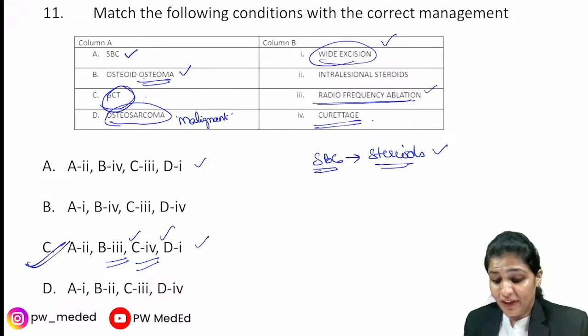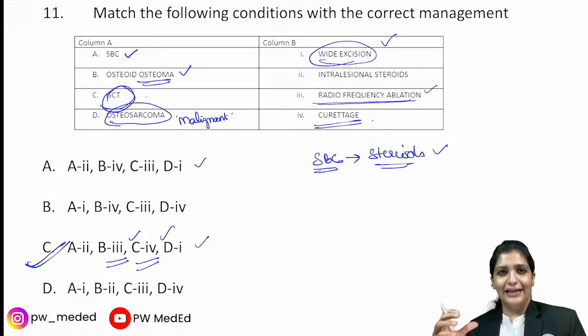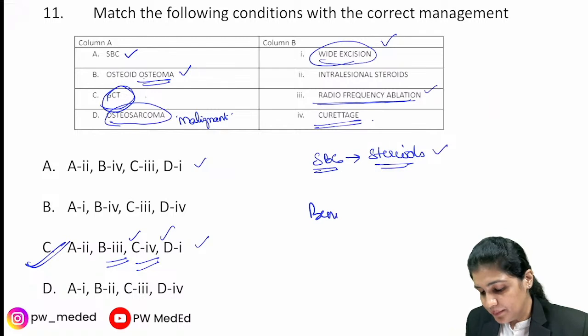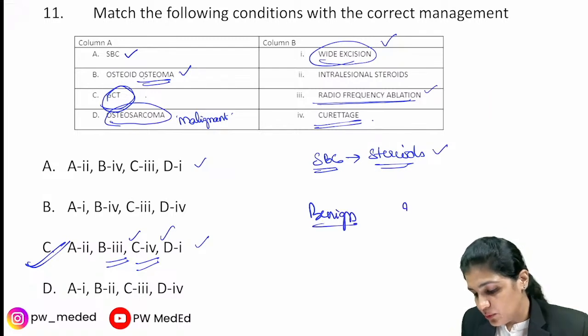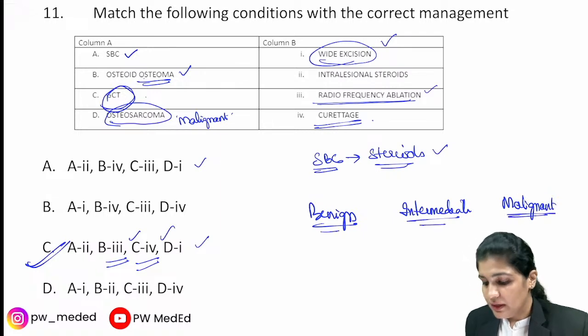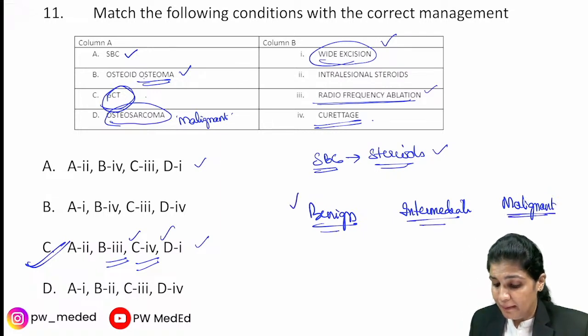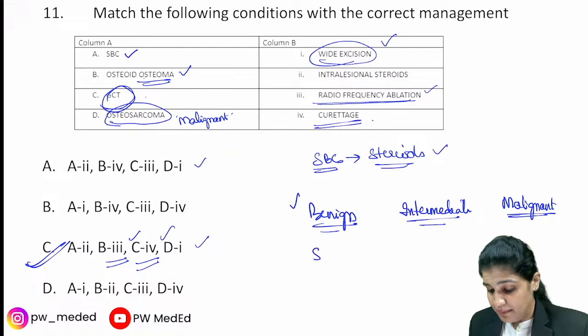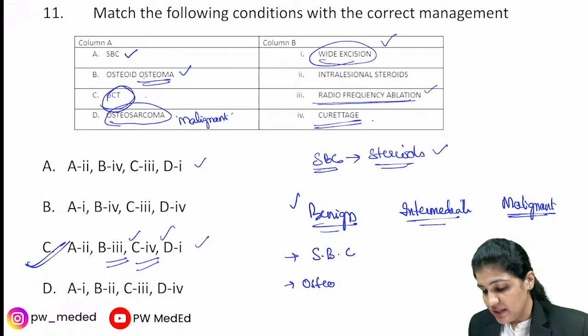Here, if you see, the simple bone cyst and the osteoid osteoma are the benign conditions. Then you have the intermediate type, and then the malignant type. The benign types, simple bone cyst or osteoid osteoma, can be treated with a simpler procedure.